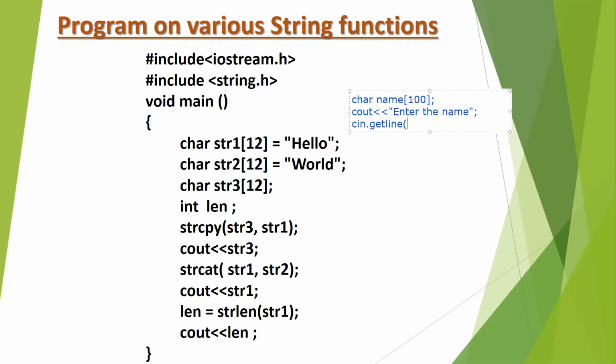This getline function has two parameters: one is the variable name, and the next one is the maximum number of characters. Say suppose 80 characters you need to take, or 100, or 70. Depending upon the question, you need to write it here.